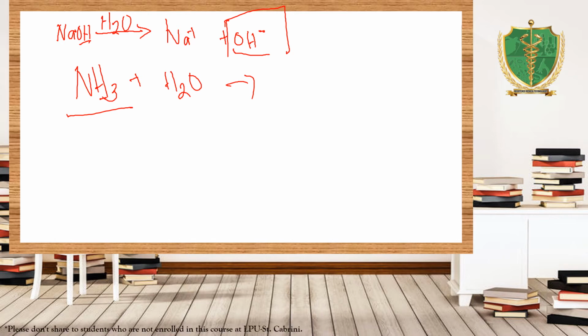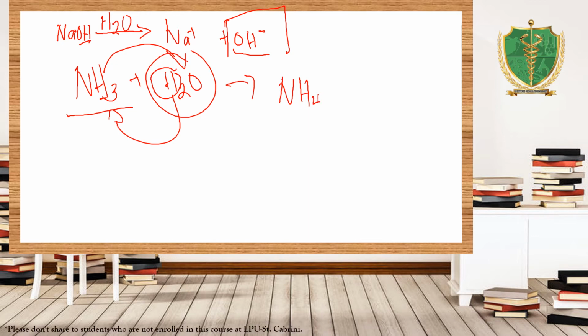Ammonia will react with water, and the water will lose one of its hydrogen for ammonia. It will produce ammonium ion plus hydroxide.